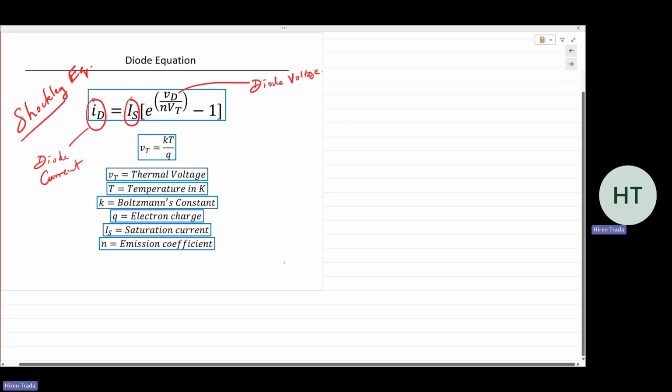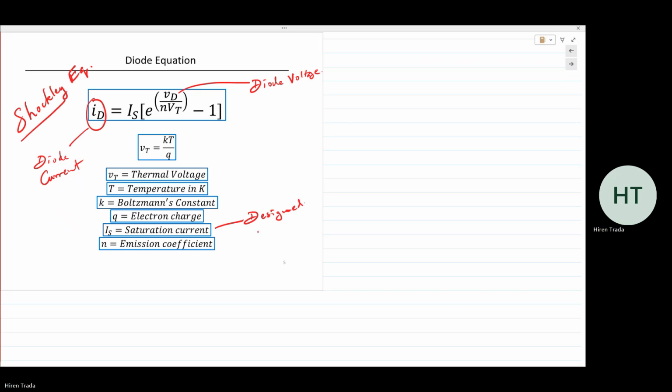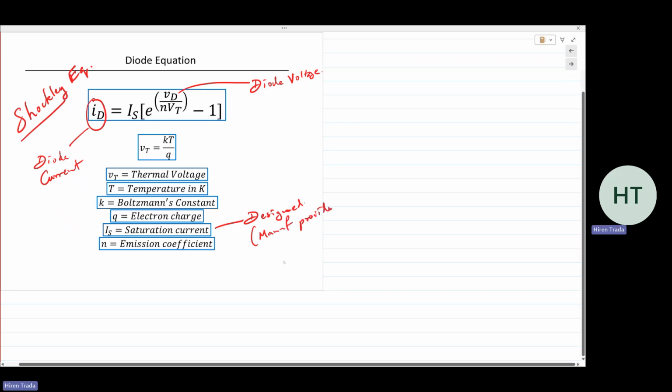IS is the saturation current, which is a design parameter, and the value is provided by the manufacturer on the data sheet. N is the emission coefficient, which represents the non-ideality factor of the diode.